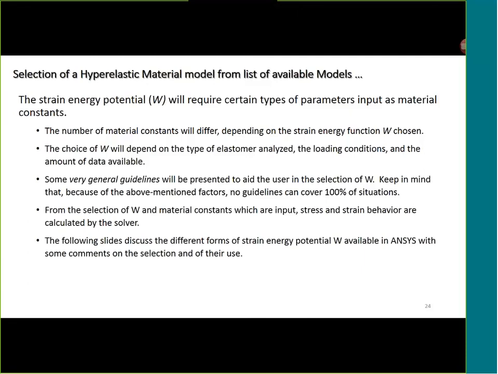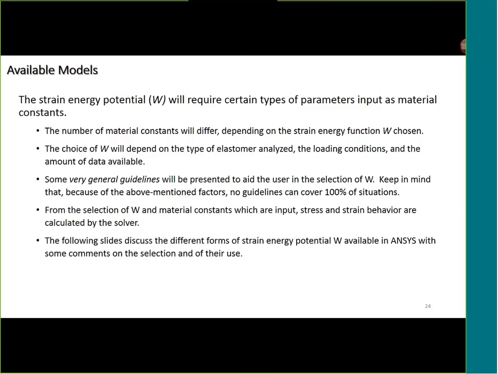We are going to give you some very generic guidelines under what situation what material model is found to be suitable. Again, remember that these are guidelines, not the rules. These guidelines may not cover all the 100% situations.